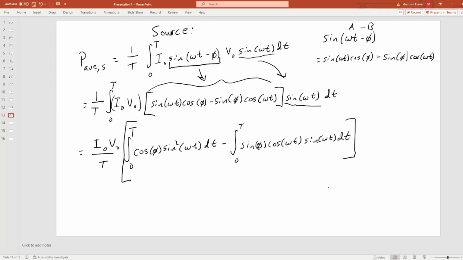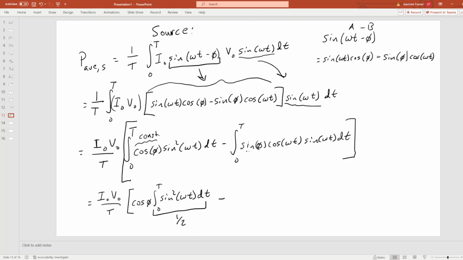And so this first integral, well, we've already done this integral a few times, right? And notice I brought cos phi out because this is a constant. Because phi is fixed as the phase constant, then cos phi is a constant, and it can be pulled out of the integral. And this just goes to 1/2, right?